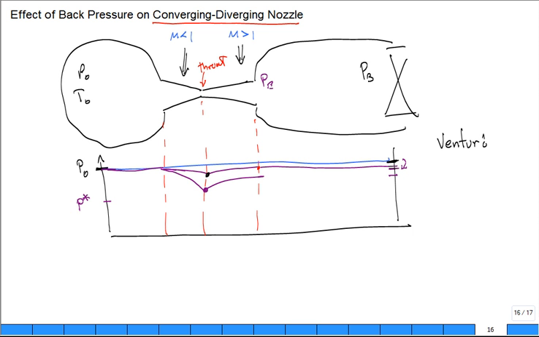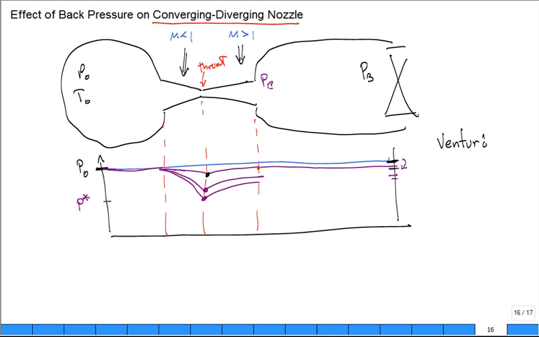So let's say we drop it a little bit more, and it does hit right there, and now I have Mach 1 right in the throat. Well, let's say it's 0.999 Mach. What's going to happen is it's going to be a subsonic diffuser following the subsonic nozzle. But now let's just drop the back pressure a little bit more.